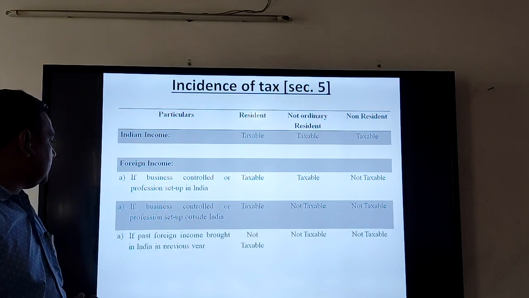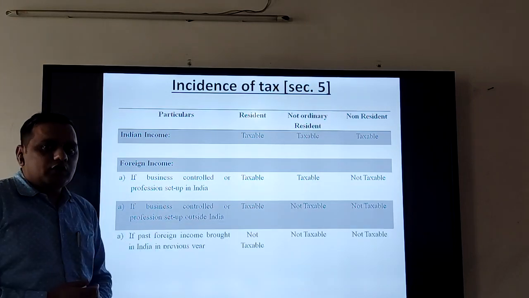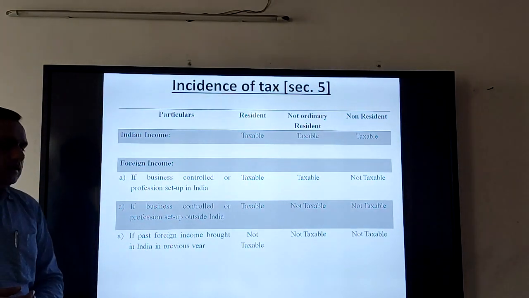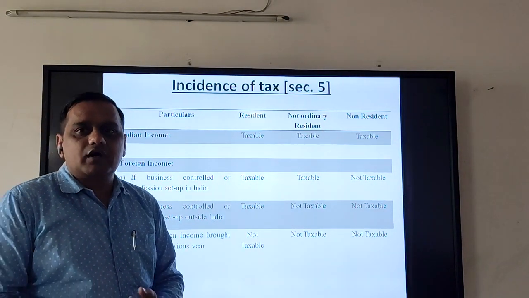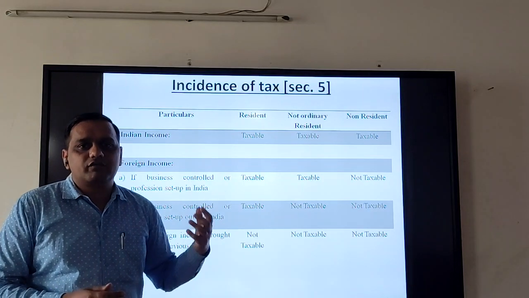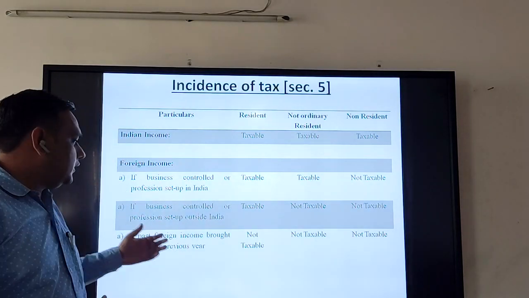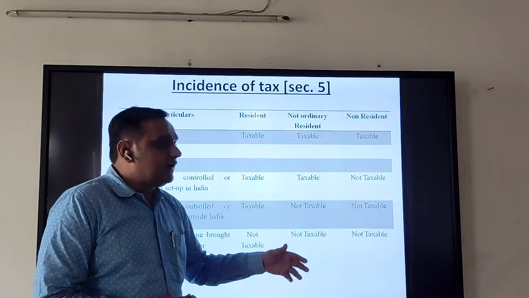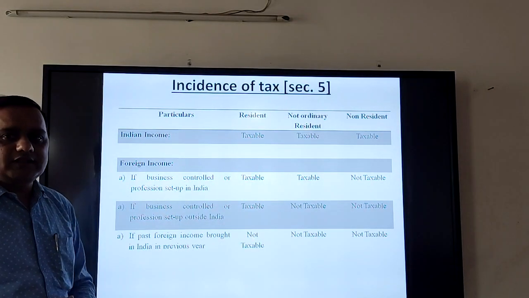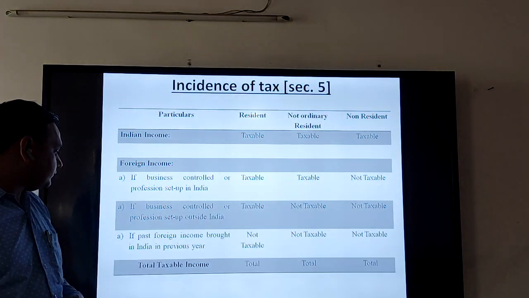There is one more category: past foreign income brought into India during the previous year. Suppose some person is outside India and has been earning there for several years, and now he is coming back to India and bringing his past income to India. Then it is not taxable at all, whether he is resident, not ordinary resident or non-resident.